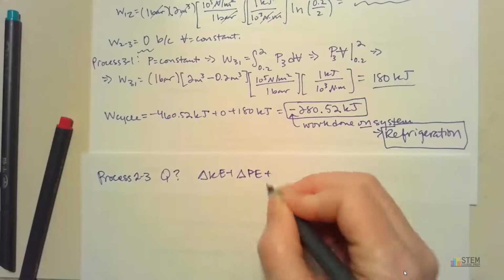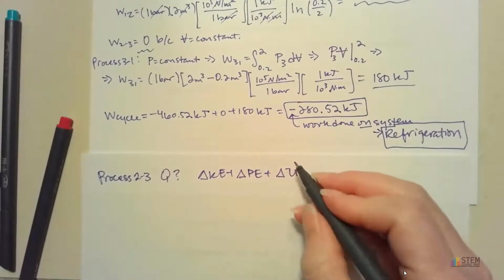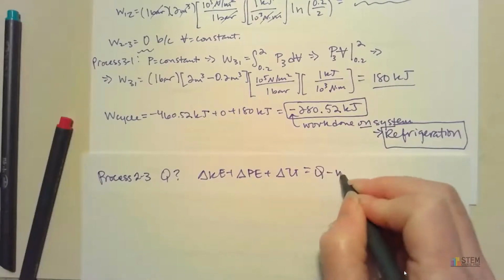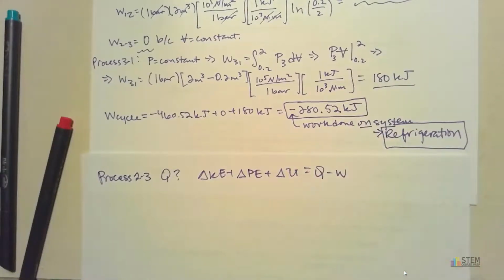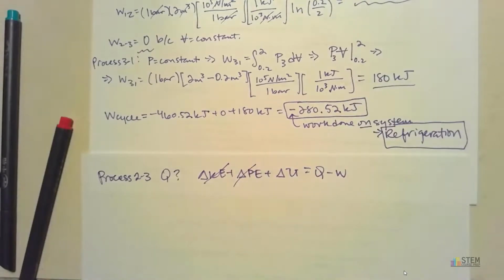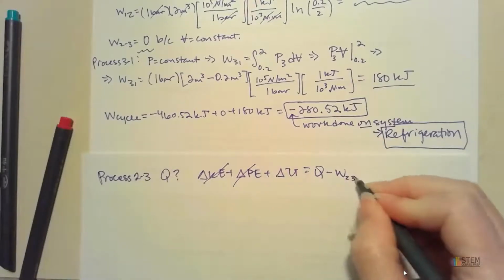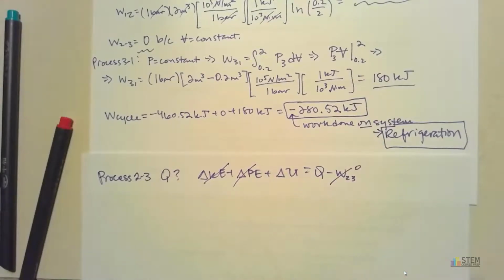Let's write that out. So you've got your 3 energy terms on the left. They equal Q minus W. Now it told us to ignore these first two. So that's good. We're happy to ignore those. It's less work. And for process 2-3, what was work? We already found it. It was 0, so that goes away.